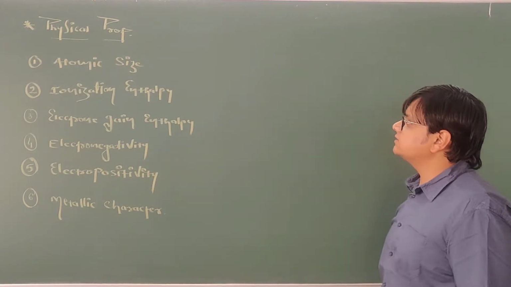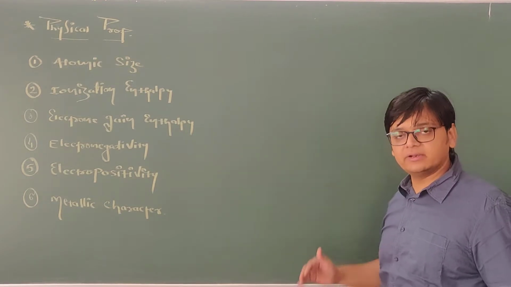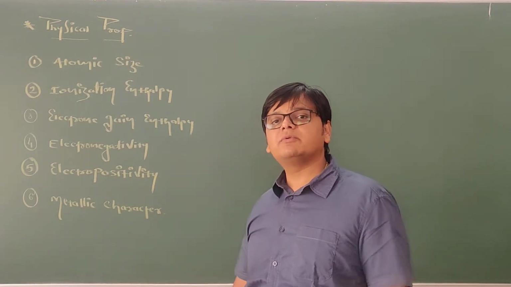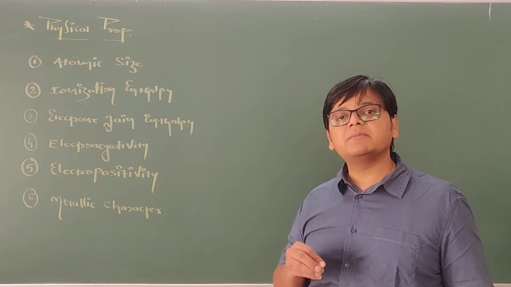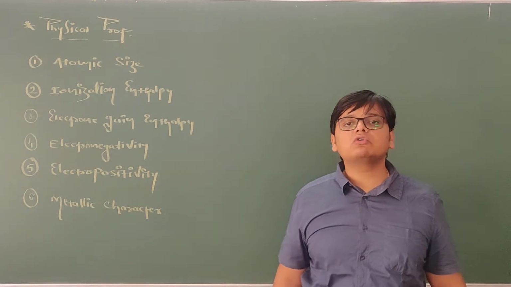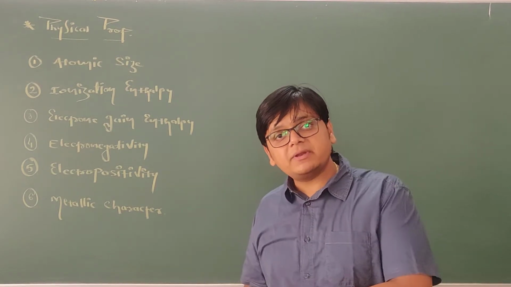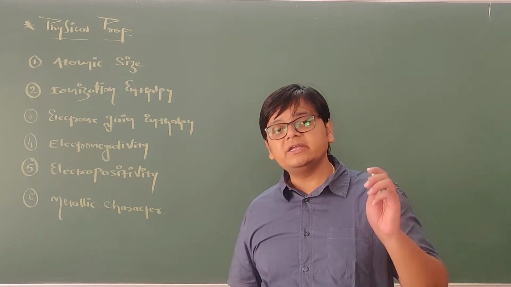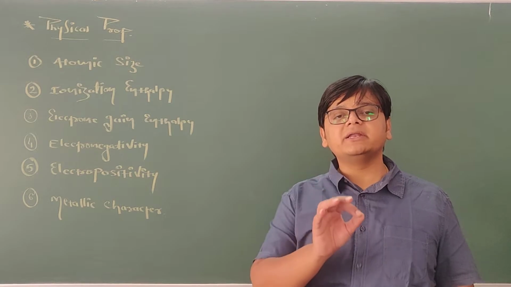But before explaining all these physical properties one by one, first we will discuss some basic definitions. These definitions are conceptual definitions. They may not be present in our textbook, but they are very useful for our concept clearance.